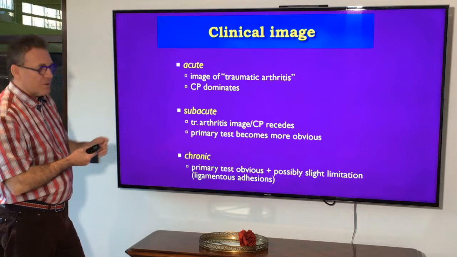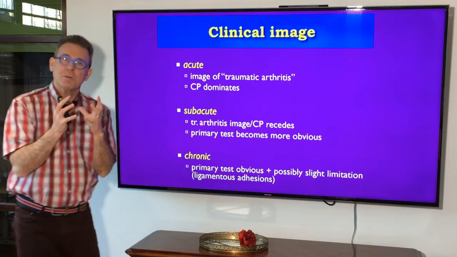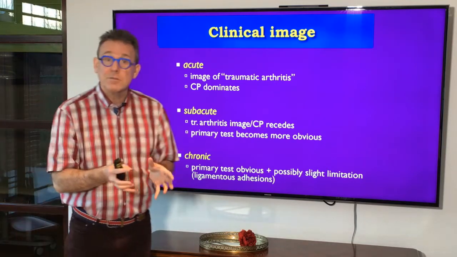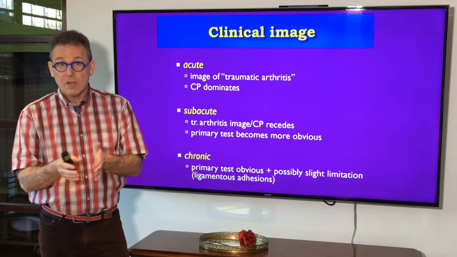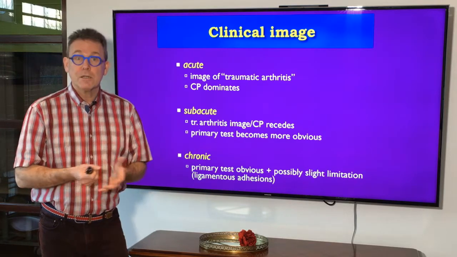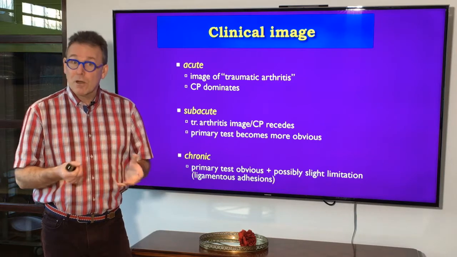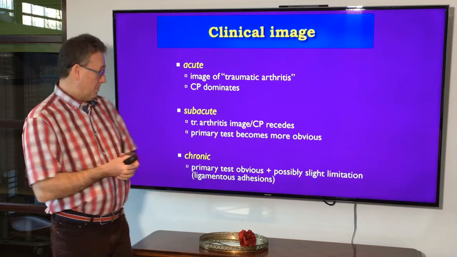In the subacute stage, this image of the traumatic arthritis, this capsular pattern, slowly but surely is disappearing, and the primary ligamentous test becomes more obvious. For instance, for MCL, the primary test is valgus. For the medial coronary ligament, the primary test is lateral rotation. For the lateral collateral ligament, the primary test is varus. Yeah?